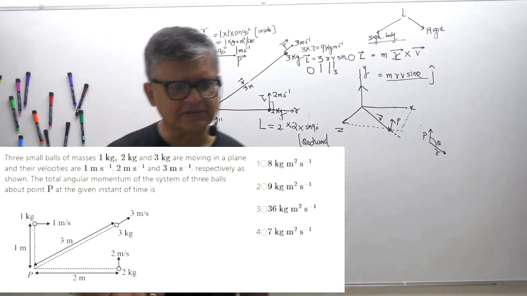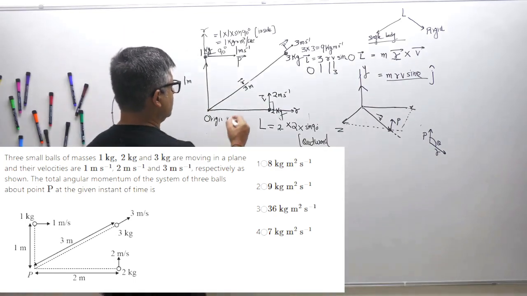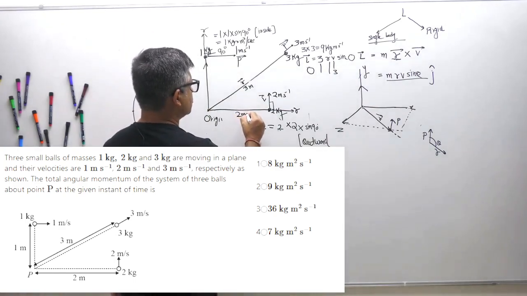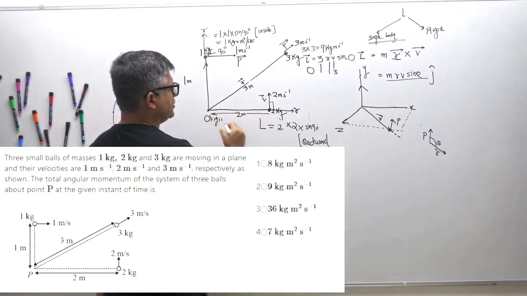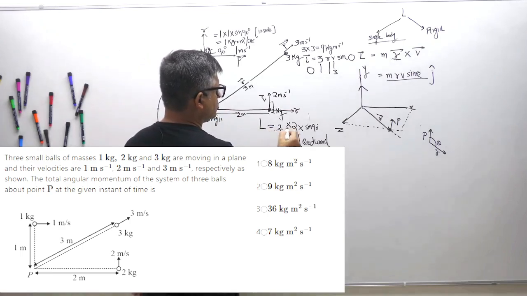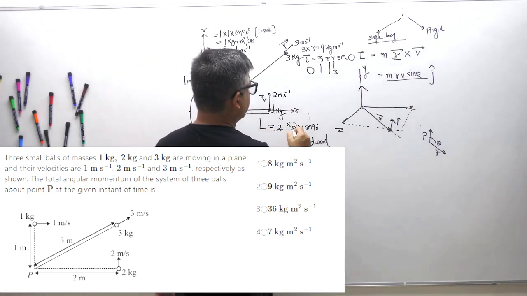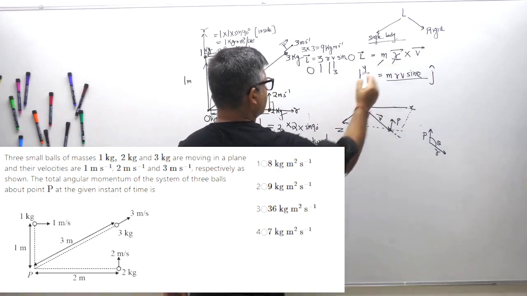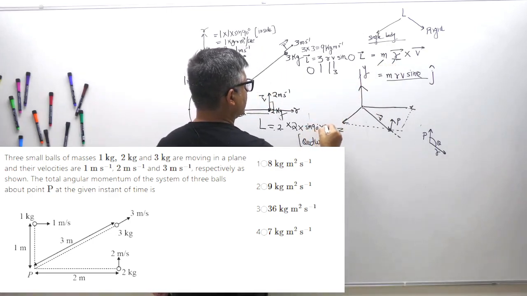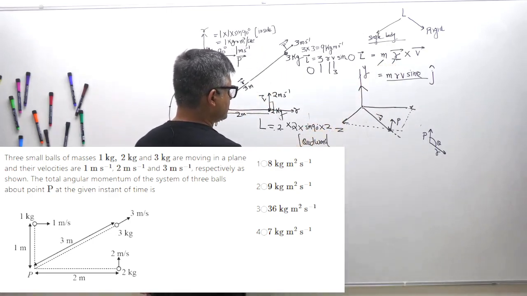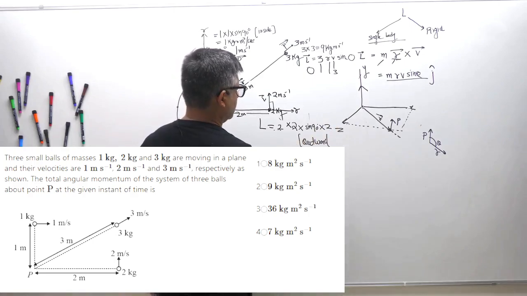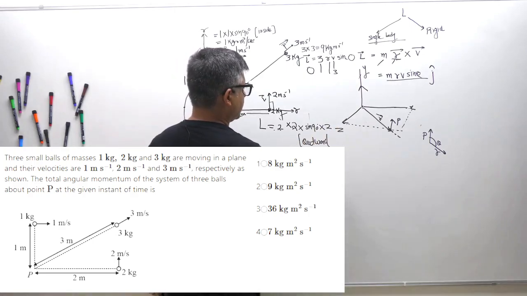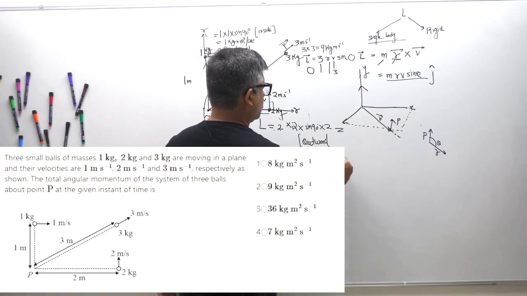So mass into r into v, and what is this distance equal to? Let's see this distance. This is 2 meters. So 2 into 2 into, so mass, r into 2, right? So velocity is also 2. So this becomes 8 kilogram meter square per second outward.